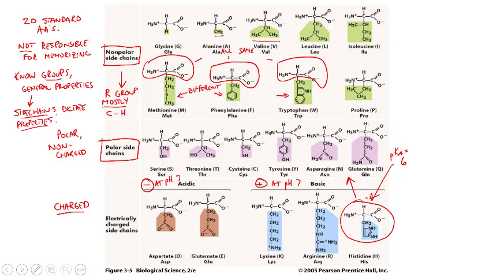So to summarize this slide, I would say know the different groups of amino acids. Know which ones are nonpolar, know which ones are polar, know which ones are going to be negative at neutral pH and which ones are going to be positive at neutral pH, keeping in mind that histidine is actually neutral at pH 7. And then figure out on your own which intermolecular forces each of these amino acids is capable of experiencing.